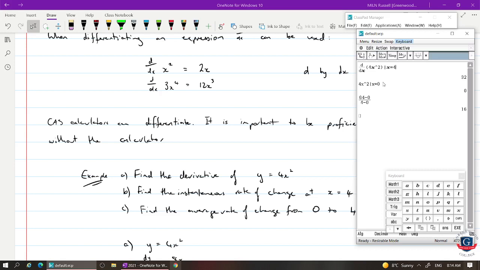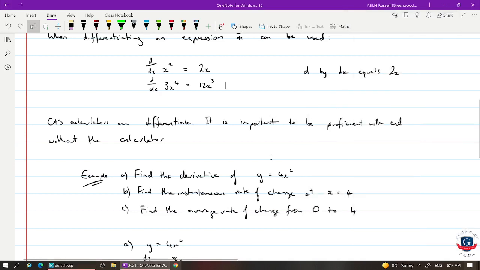So stick that in. Find out when it's 4, 64, subtract the y values, divide that by the difference in x values, and that would give us 16. Now it's all well and good with our calculator, but we should be able to do it on paper.